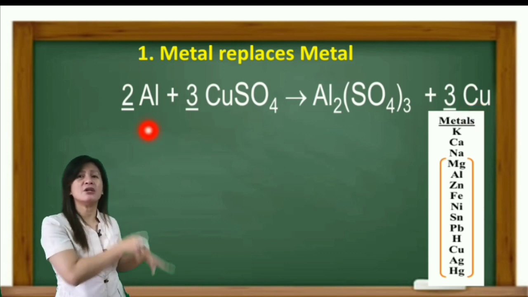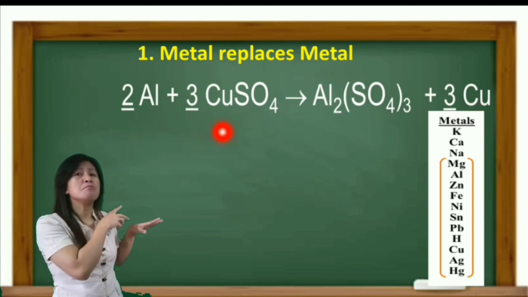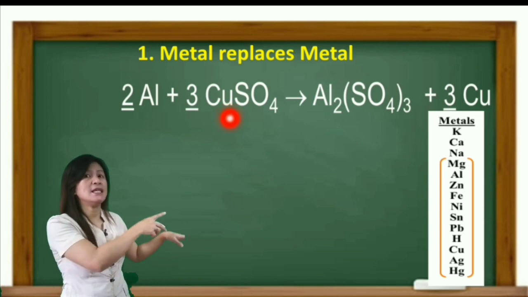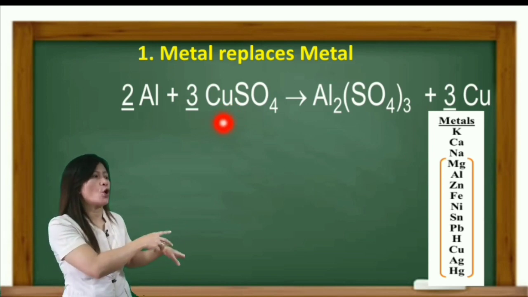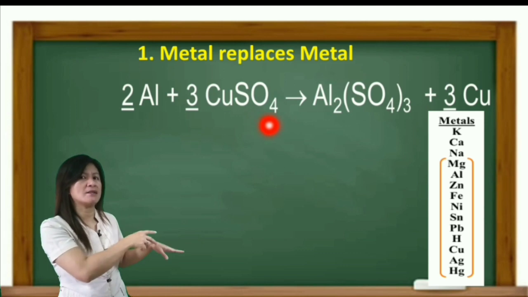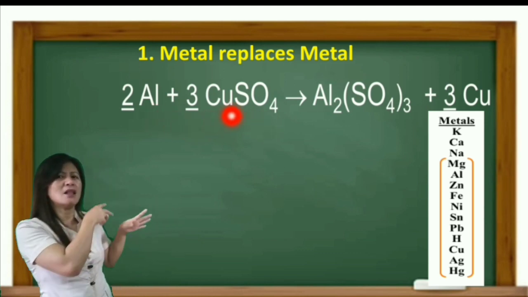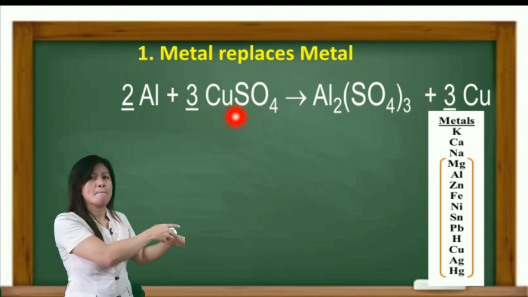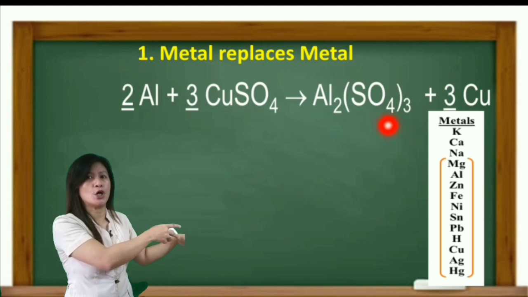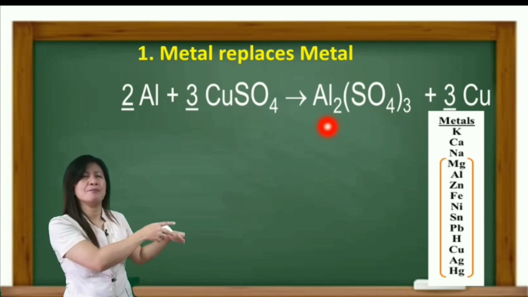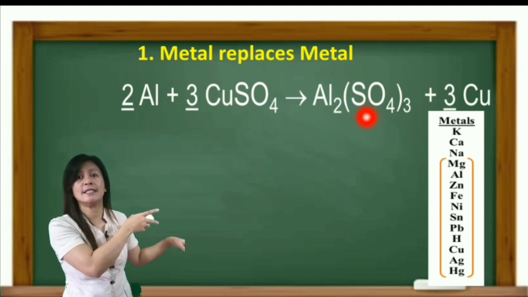So the pattern here: A is a metal, the BC compound is composed of copper, which is the metal, and sulfate, which is the non-metal. So metal aluminum replaces B, metal copper. The products will be the AC pattern.